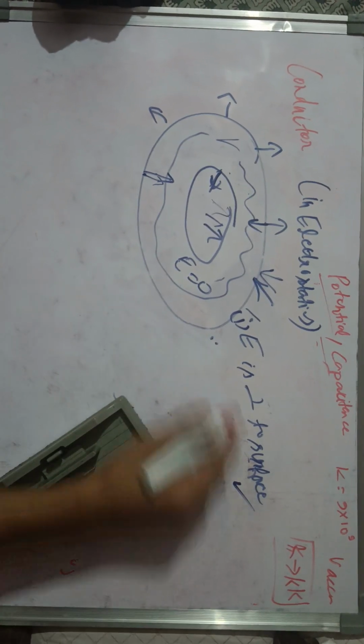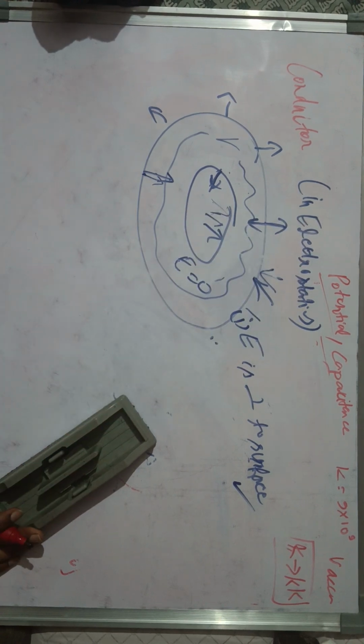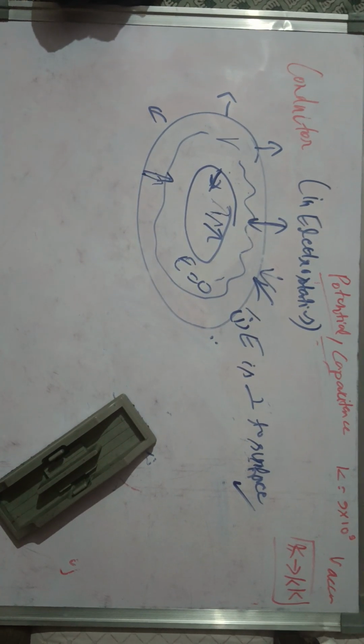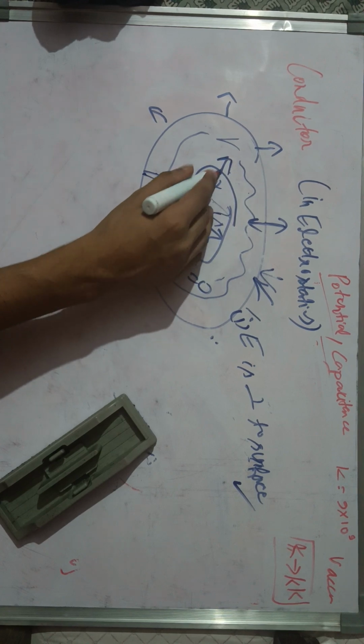So it is only right that the electric field is perpendicular to the surface. It can be in this direction or in this direction.